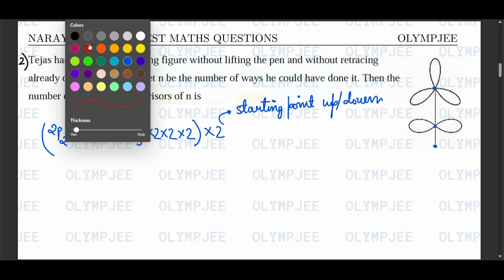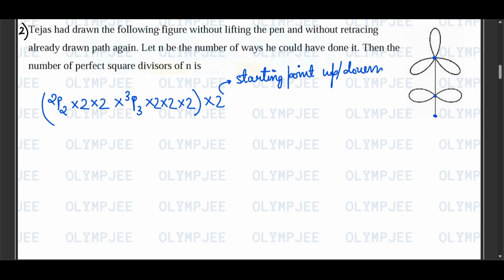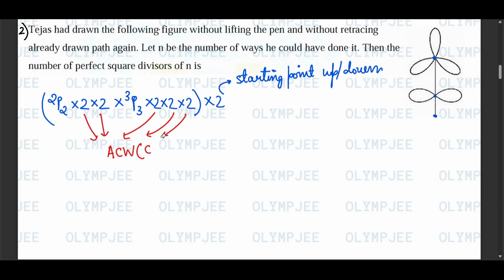And these 2's were the anti-clockwise and clockwise thing. And this 2P2 and 3P3 were the order of loops.